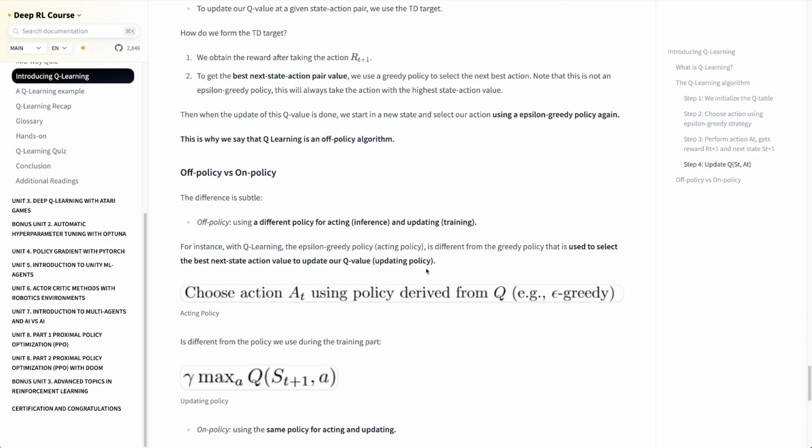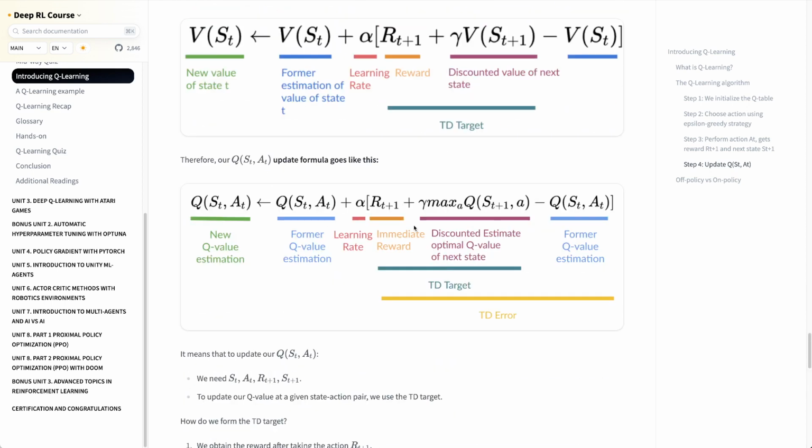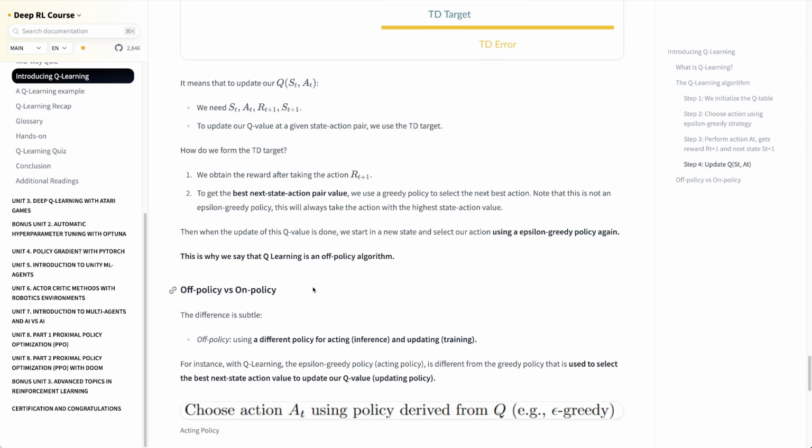So updating the policy. Right, we choose an action A of T using a policy derived from epsilon greedy, which is different from this update portion in this formula, where we're just taking the max. This has no relation to epsilon at all.